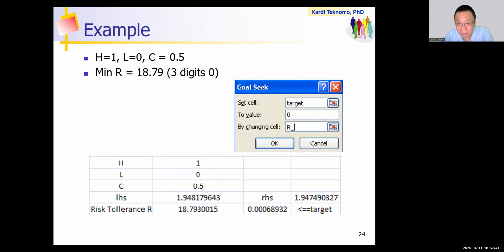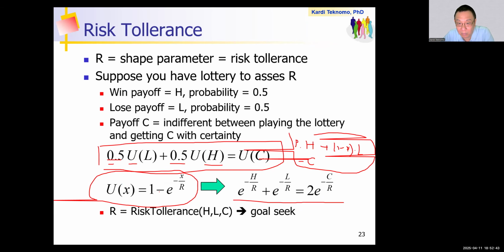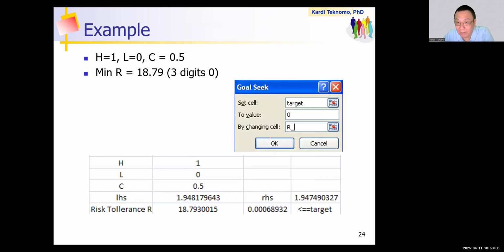You calculate the left-hand side of this formula, which is this one: the exponent of minus H divided by R, plus the exponent of minus L divided by R. And then the right-hand side is this value. So this is the right-hand side, and this is the left-hand side, right?